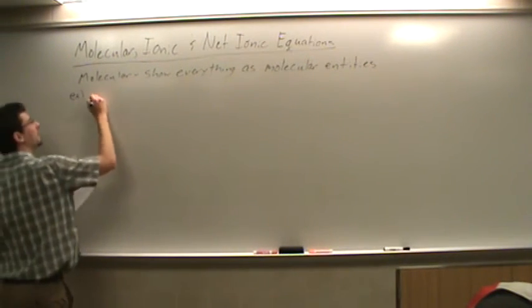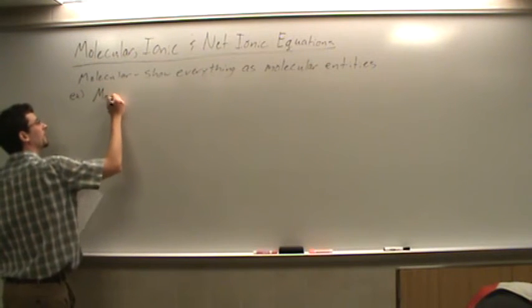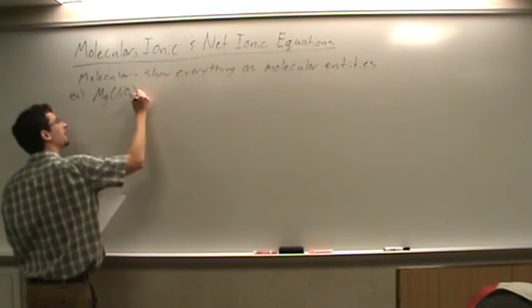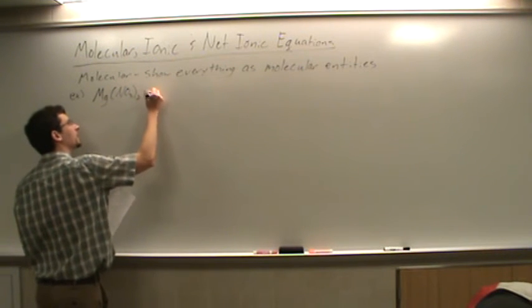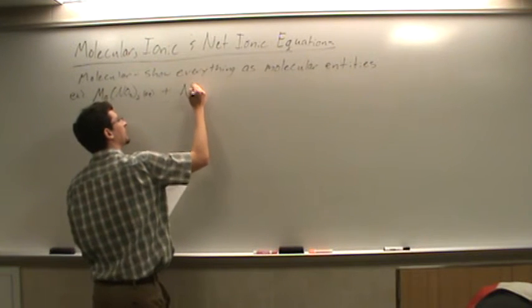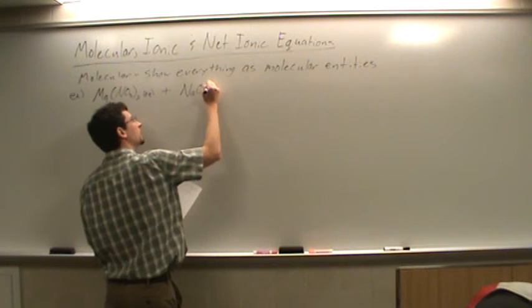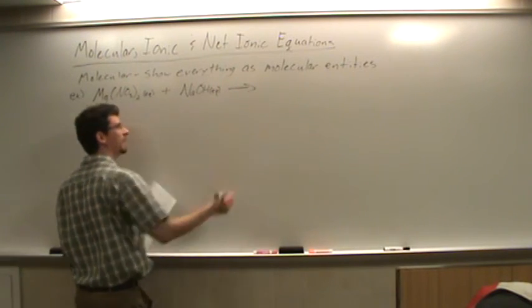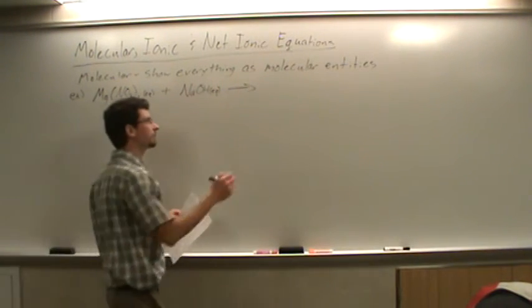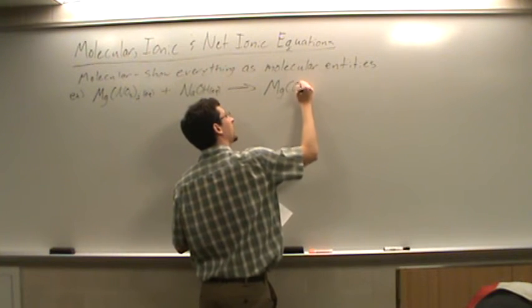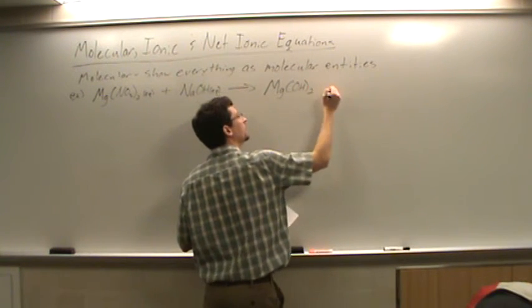Example, what we have in that case. We're going to look at magnesium nitrate, aqueous, reacting with sodium hydroxide, NaOH, aqueous. And what we're going to get as a product, we're going to get magnesium hydroxide, Mg(OH)2.